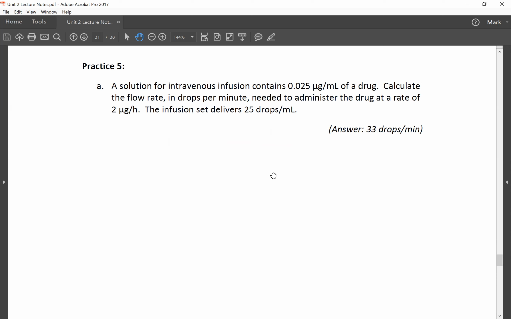This infusion contains, so the solution, what we would call in chemistry, 0.025 micrograms per milliliter. So every milliliter of solution has 0.025 micrograms of the drug. We need to figure out how many drops per minute this should be set up to be if the doctor said this person needs 2 micrograms per hour, and the infusion set itself can deliver 25 drops per minute.